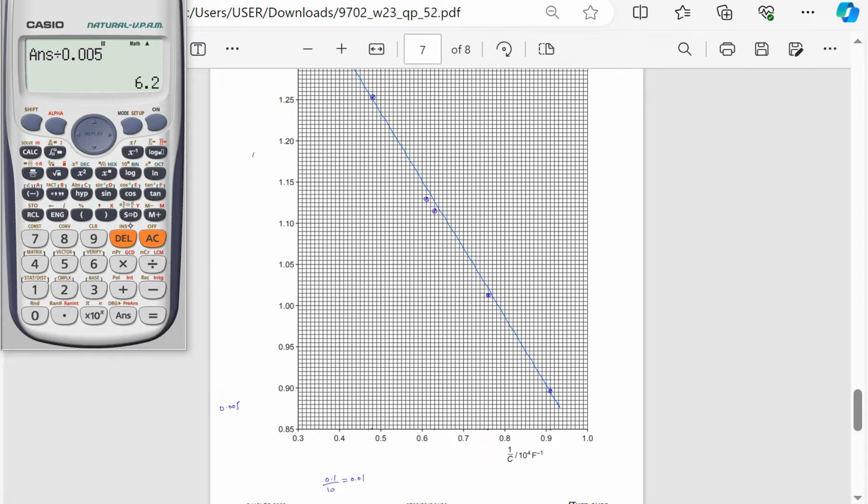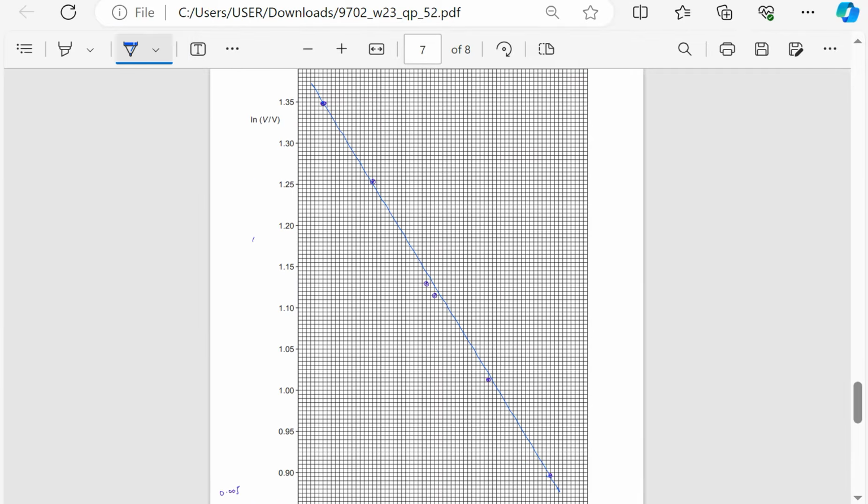Those are 6.2, and I counted 6. So it means the plotting is fine, but the line of best fit is not good because the points are not balanced. Okay, let me try my last attempt. If I fail, I'll leave it for you as an assignment to draw a better line of best fit.